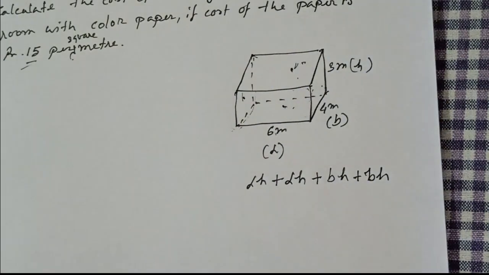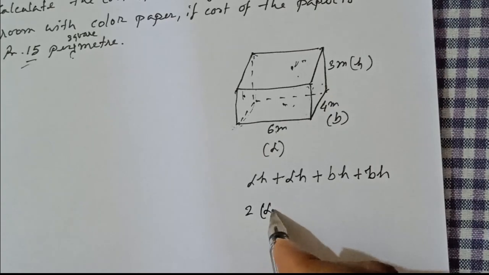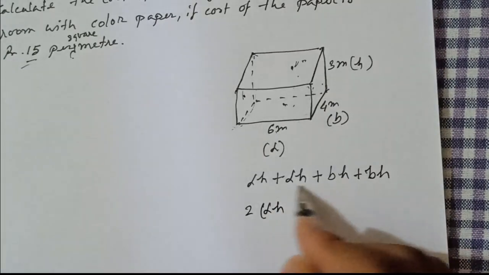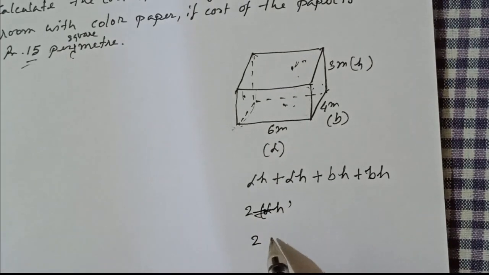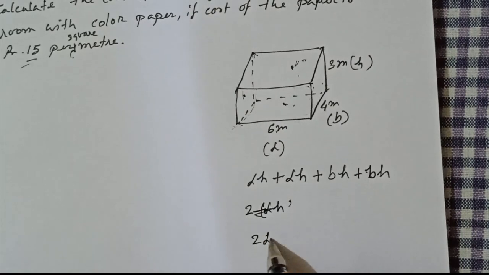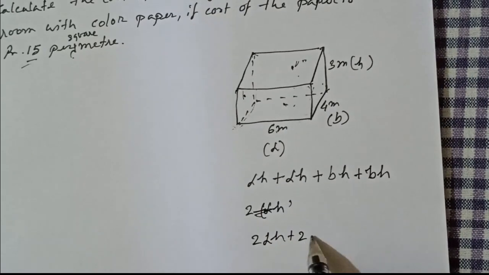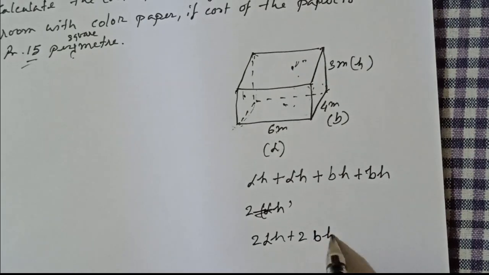So total, what do we have? We have two pairs of length into height and two pairs of breadth into height.